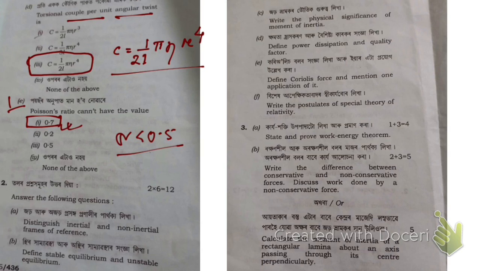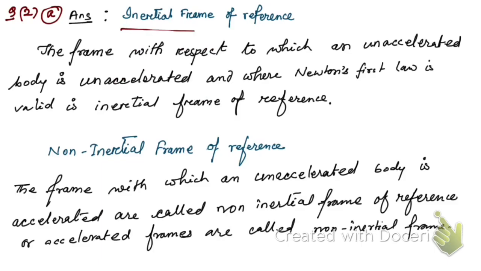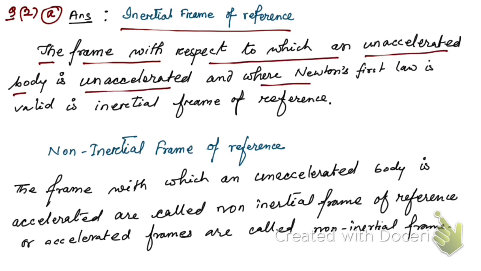Now let me answer question number 2a. Distinguish the inertial and non-inertial frame. Here is the answer. The inertial frame is the frame with respect to which an unaccelerated body remains unaccelerated, where Newton's first law is valid. The frame of reference in which Newton's first law is valid is called an inertial frame of reference.